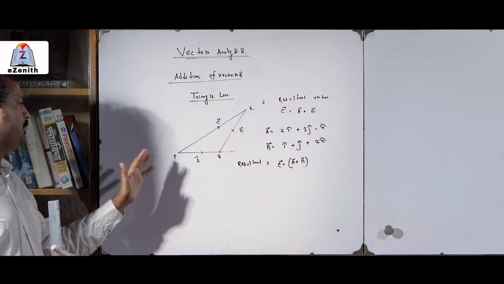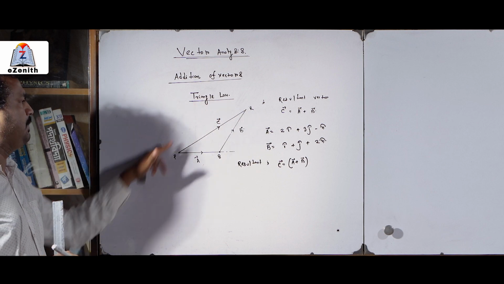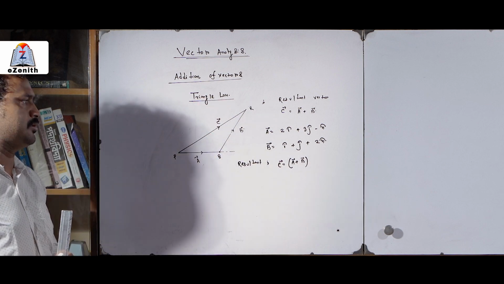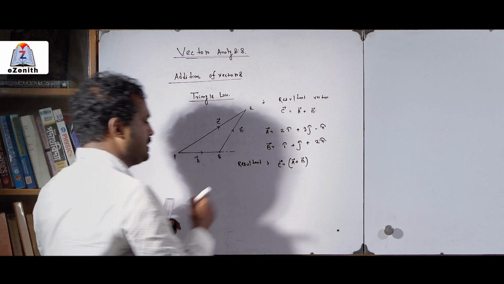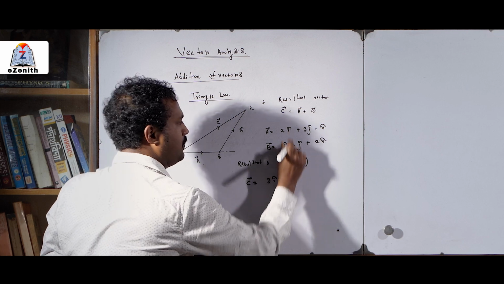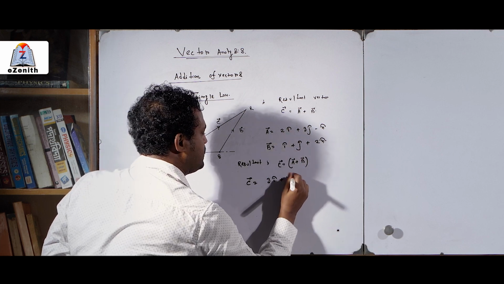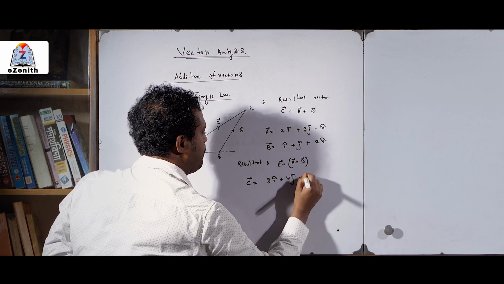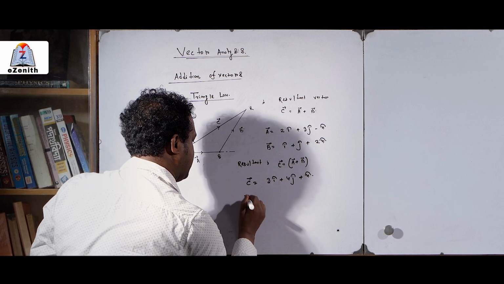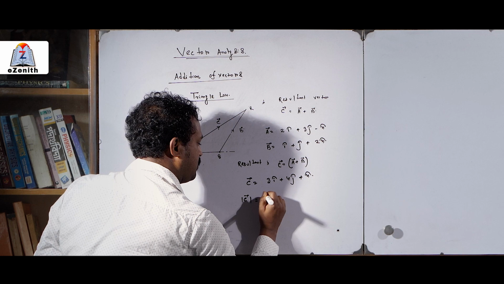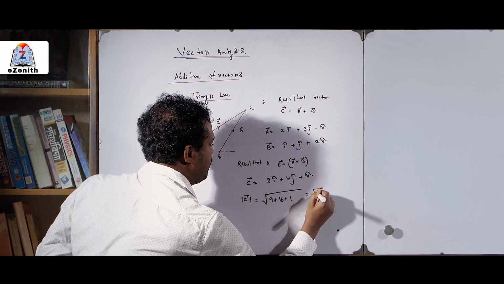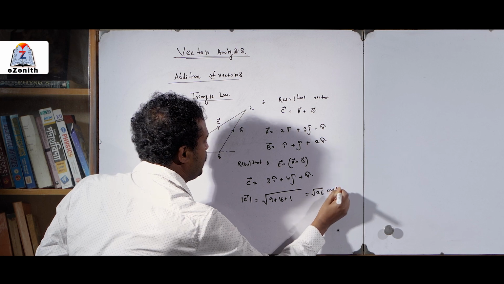Then the third side in opposite sense, that is P to R in opposite sense, represents the resultant of the vectors. So what is the resultant? Simple, the resultant is equal to 2 plus 1, 3i, 3 plus 1, 4j, 2 minus 1, plus k. And the magnitude of the resultant is equal to the square root of 9 plus 16 plus 1, that is equal to root 26 unit.